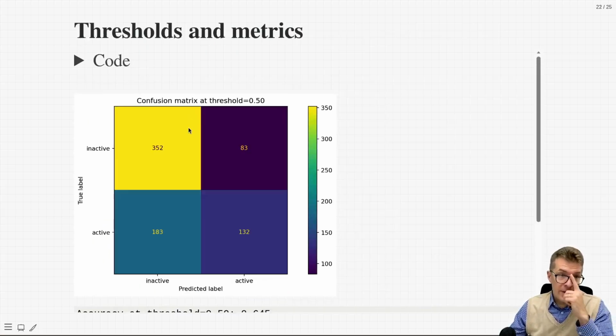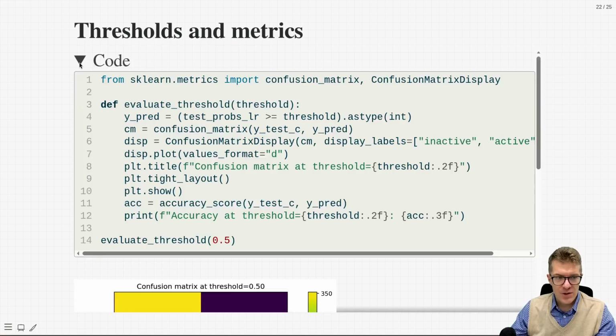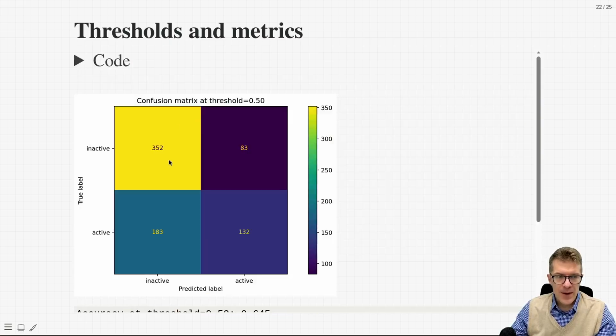So we've talked a little bit about these kinds of matrices before. These matrices compare predicted labels versus true labels. These are called confusion matrices. Once again, the code is available to you. And generally, things are better than chance. Again, we're setting the threshold at 0.5, and where the model predicts inactive, in other words, lack of failure, the true label is 352, and this is a relatively large number.